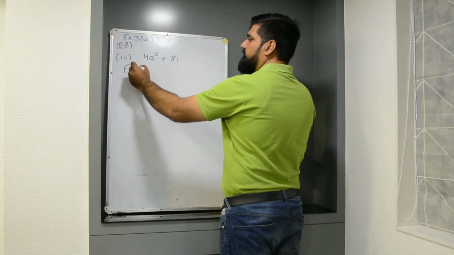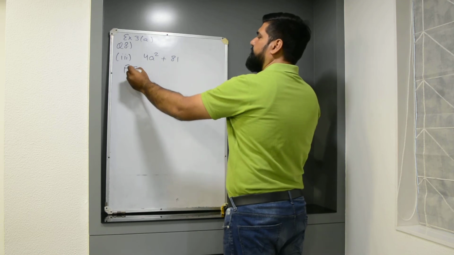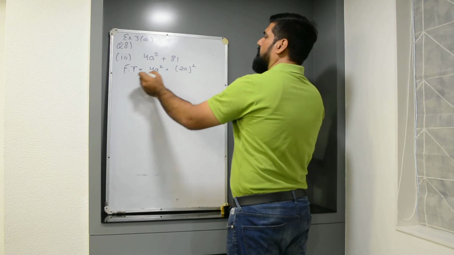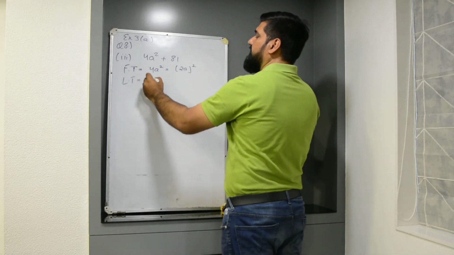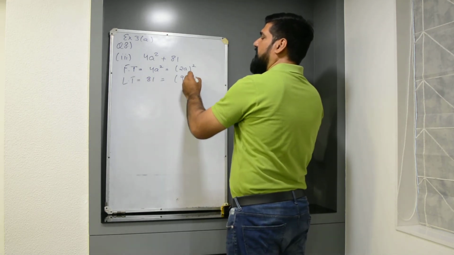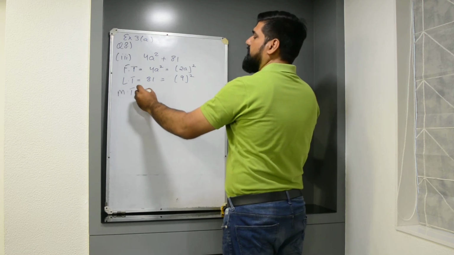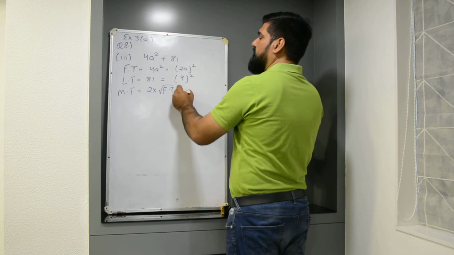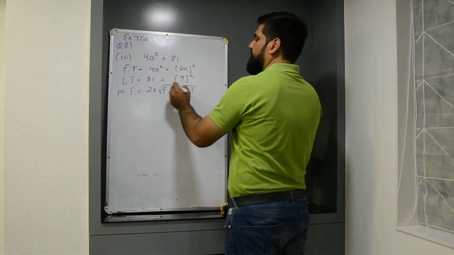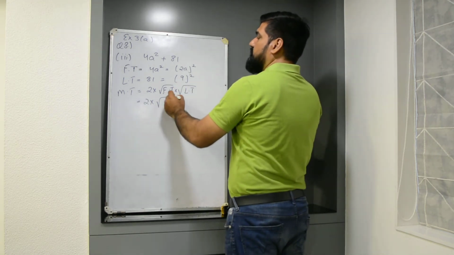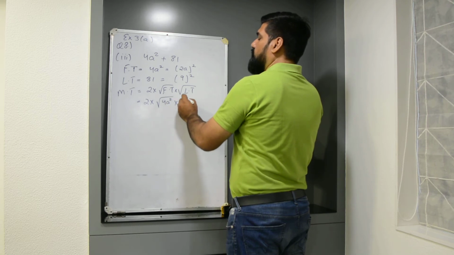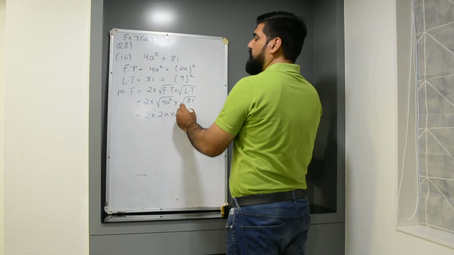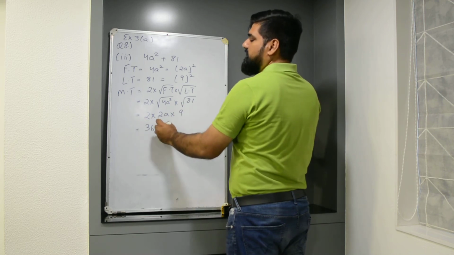So the first term, again we have 4a square, which is the perfect square of 2a. The last term we have is 81, which is the perfect square of 9. The middle term is equal to 2 into square root of first term into square root of last term, which is 2 into square root of 4a square into square root of 81, which is 2 into 2a into 9, which comes out to be 36a.